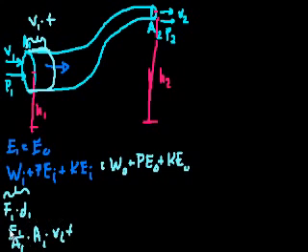So the work input is equal to the input pressure times the input area times the input velocity times time, right?